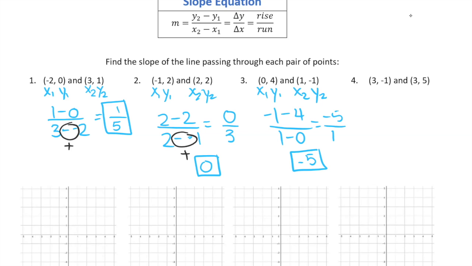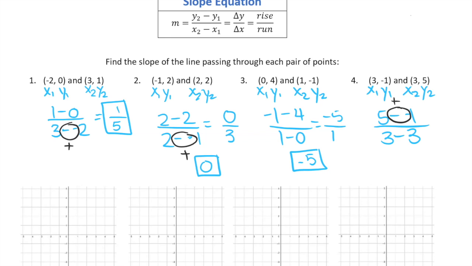All right, and then the last one here, same deal. I've got my first x, my first y, my second x, and my second y. I'll do y2 minus y1 over x2 minus x1. Again, same deal, minus a negative. It's in the numerator this time, but still minus a negative is overall addition.